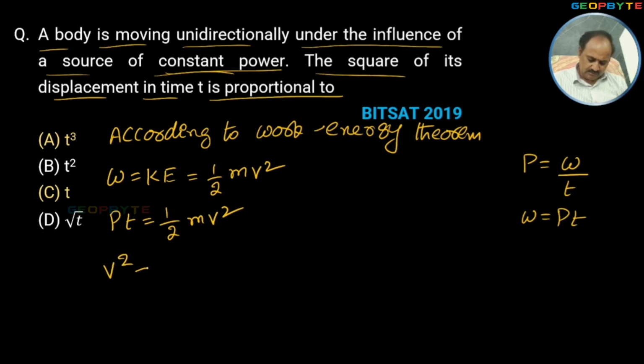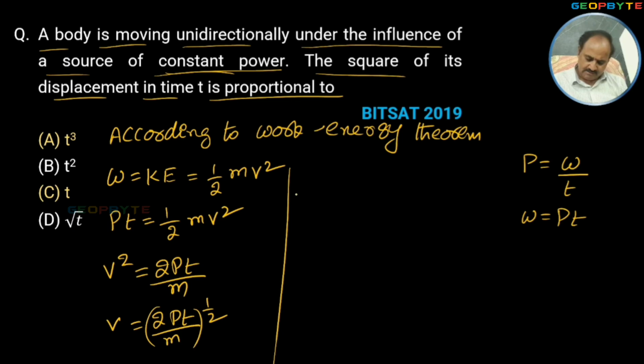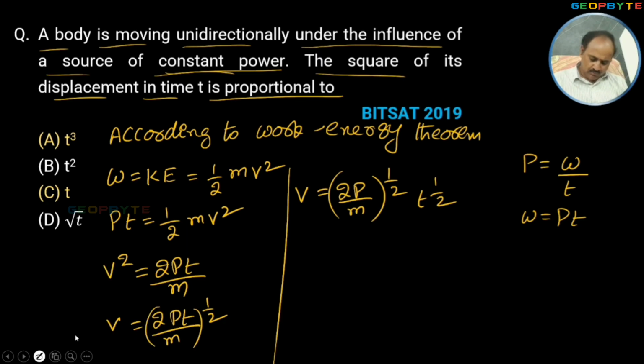From this, you can write v square equals 2Pt by m, or v equals (2Pt by m) whole power 1 by 2. This can also be written as v equals (2P by m) power 1 by 2 into t power 1 by 2. Okay. Now, as we all know, the velocity v equals ds by dt.